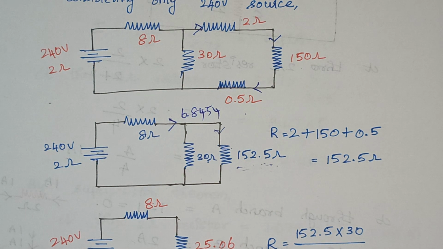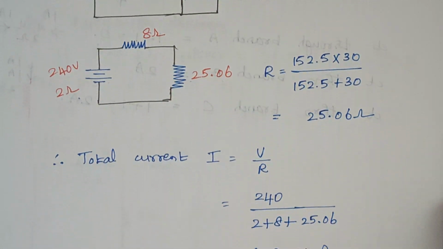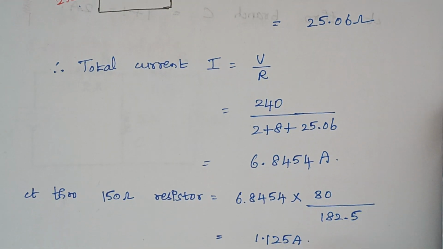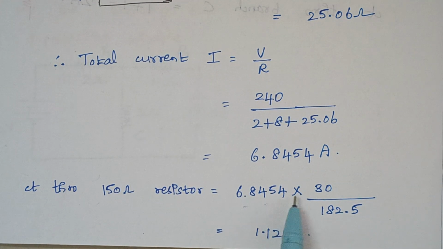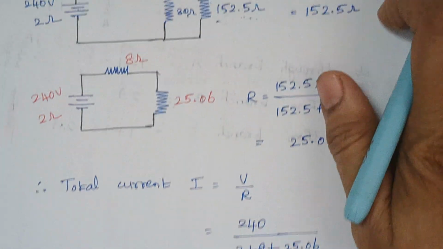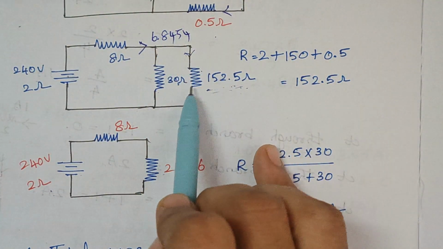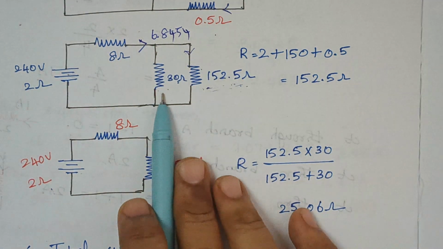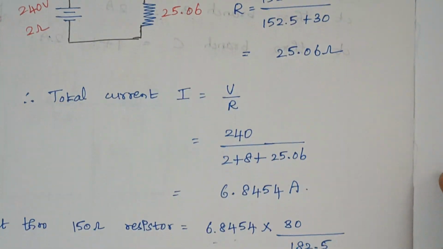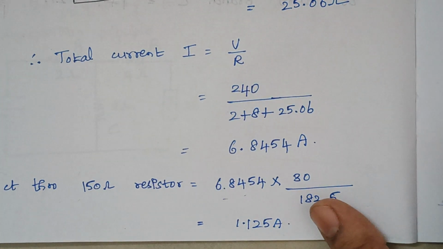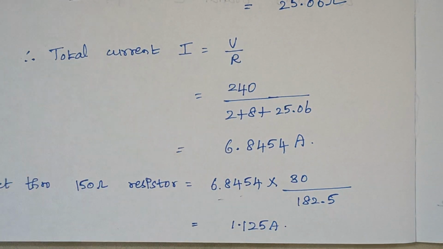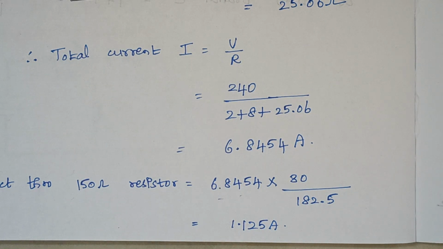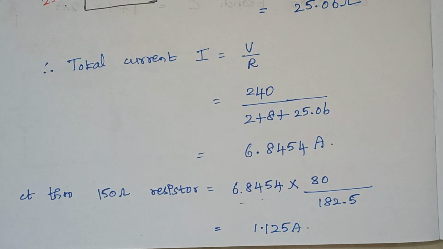Therefore, the current through this 150 ohm resistor is given by the total current into the opposite resistance. So what is the resistance which is opposite to this? It is 30 ohm. So 30 divided by 30 plus 152.5, right? So that gives the answer as 1.125 amps. Am I making the concept clear here?